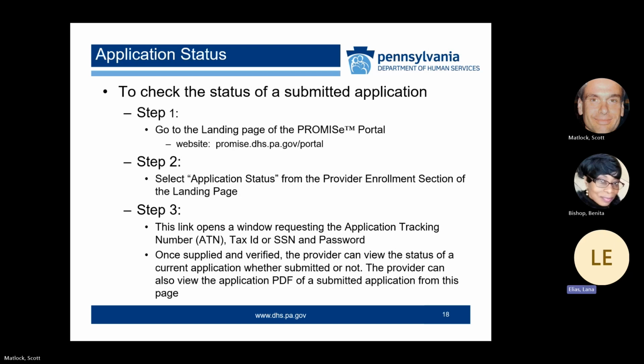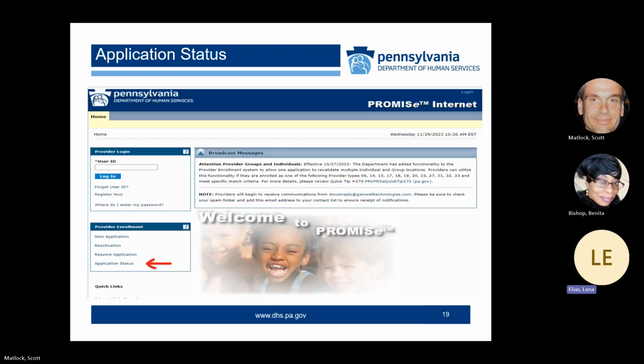Once supplied and verified, the provider can view the status of the current application, whether it was submitted or not. The provider can also view the application PDF of a submitted application from this page, and you can actually download that.